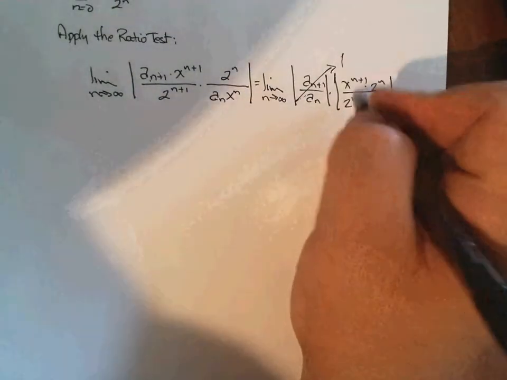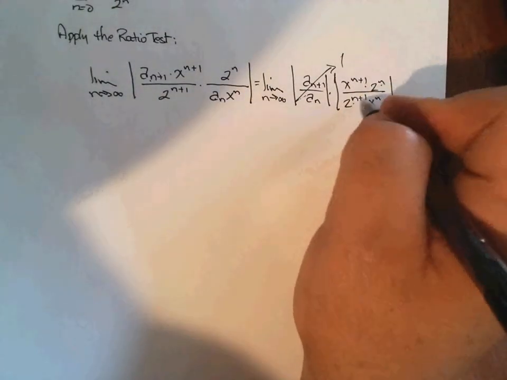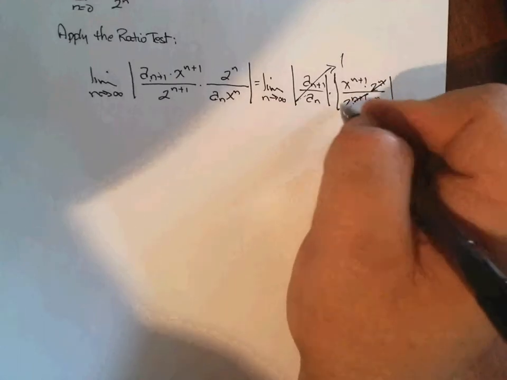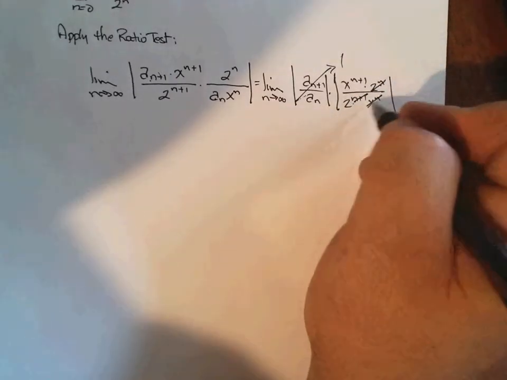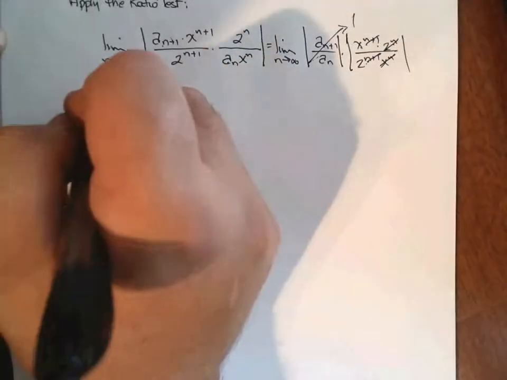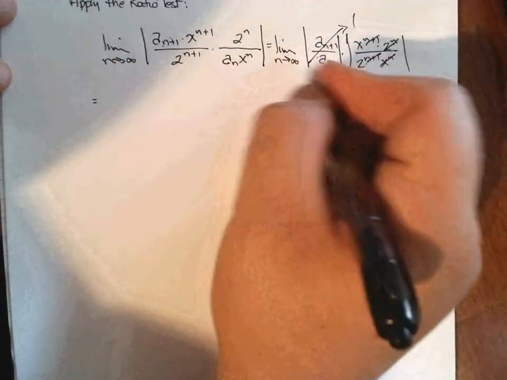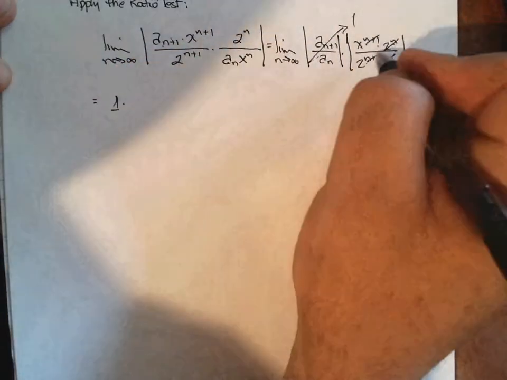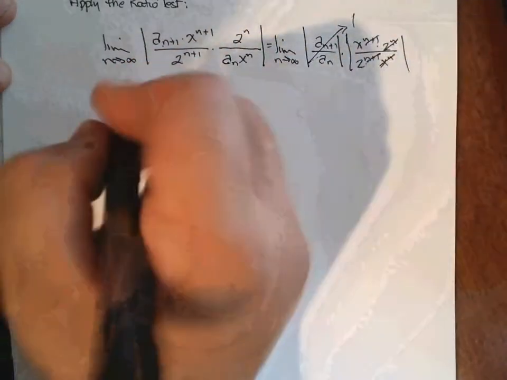So I know this part goes to 1. I don't have to worry about that. Now focusing on this part, 2 to the n and 2 to the n plus 1 cancel, leaving just a 2 in the denominator. X to the n and x to the n plus 1 cancel, leaving just an x in the numerator. And so the limit of this is x over 2.